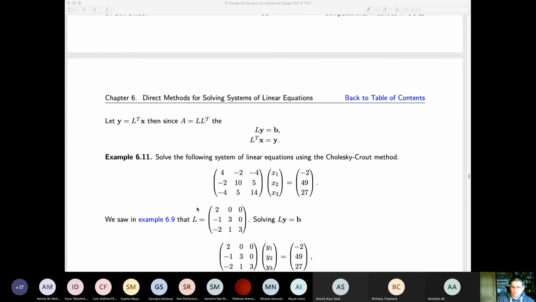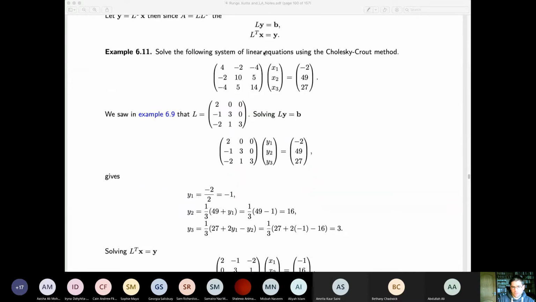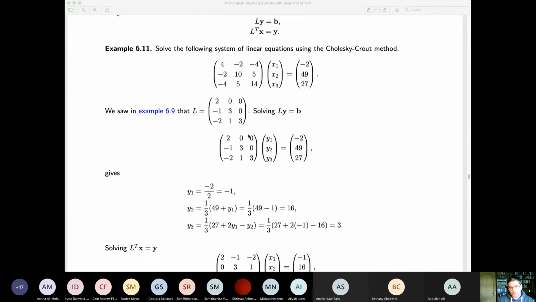So here's the example in the notes. Same coefficient matrix as we just used, but here we've got a constant vector. Okay, so we first solve for LY equals B, so using forward substitution. This time our main diagonal elements may not be 1, so we might have to divide. It's not as simple for the first one as in LU factorization.